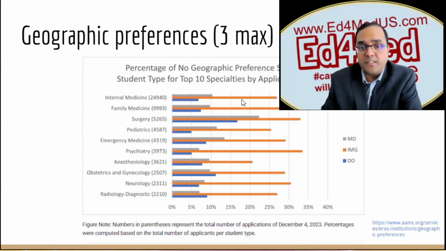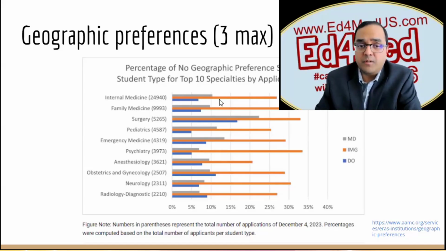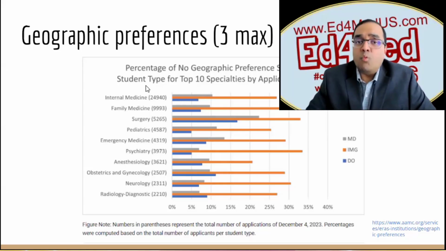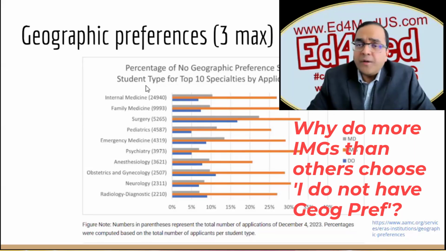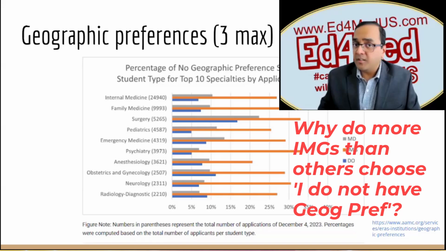You can see here the orange bar is IMGs. So you can see about 25, 26% shows I do not have geographic preference as compared to the others. Now, why is that happening? So one reason could be, yes, clearly, these are international medical graduates, who don't have any roots, contacts, families, so they can go anywhere. And that's why they're choosing that option.